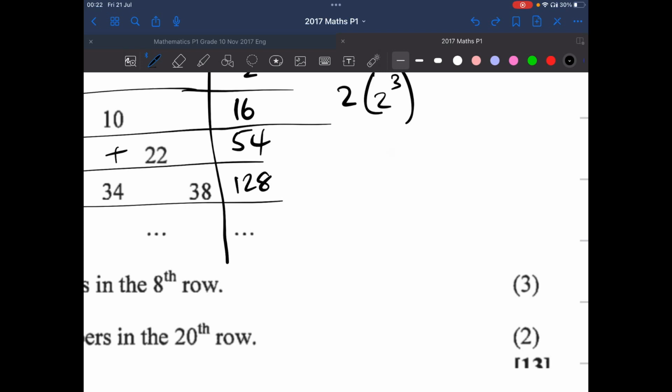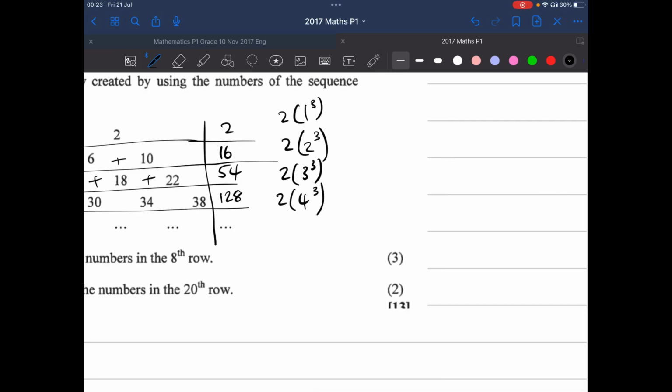On this one here, let's see what 3 cubed is. 3 cubed is 27, and then 27 times 2 is 54. So it's 2 times 3 cubed. Here as well, 4 cubed is 64, and then times 2 is 128. So it's the same as saying 2 times 4 cubed.